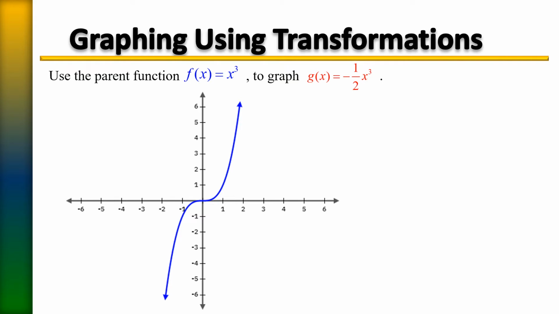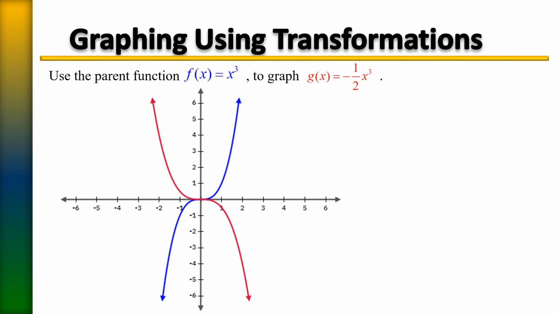So you're going to have not only compression there, but you're also going to have a reflection of that graph as well. So once we sketch that graph of that function, our new function g of x is going to look like so.